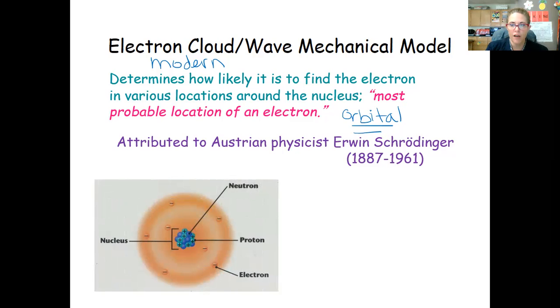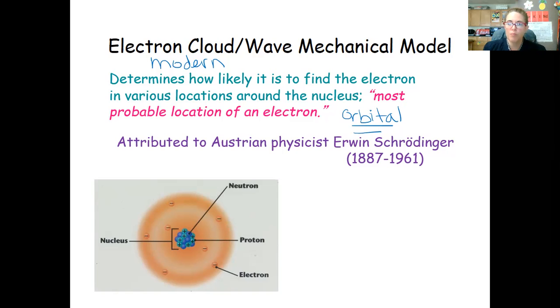So now instead of the planetary model, which is with Bohr, where we're talking about shells and energy levels, now we're going to get more specific, and the most probable location of electrons is like an orbital, and all of them overlap each other to make like a big cloud around the atom. And then they're constantly in motion.